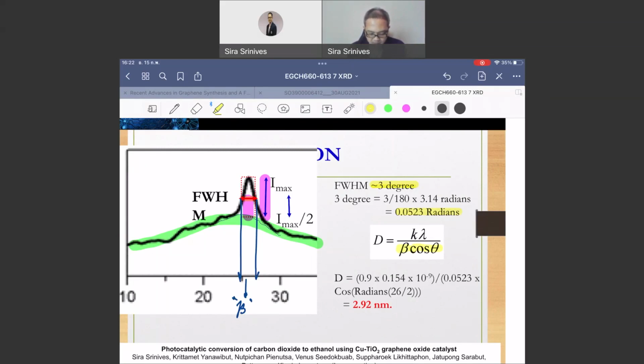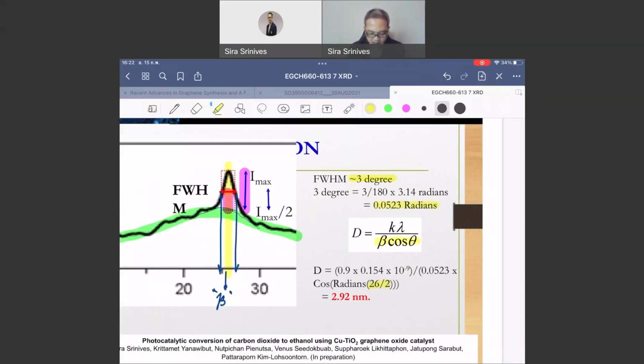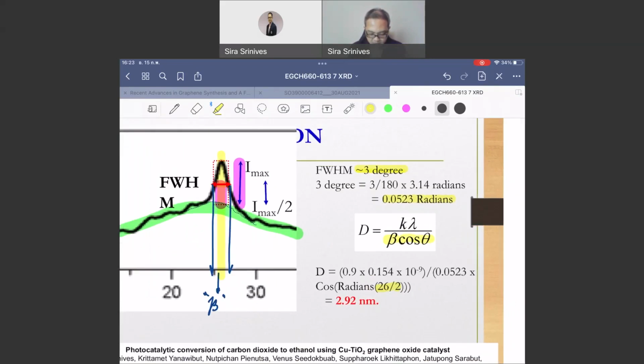So beta is in radians, cos theta is in radians, and theta is the tip of the peak, around 26. So cos of 26 in radians, and 3 degrees is 0.05-something radian. This is the beta value.